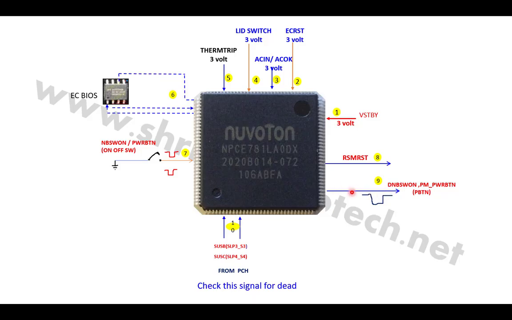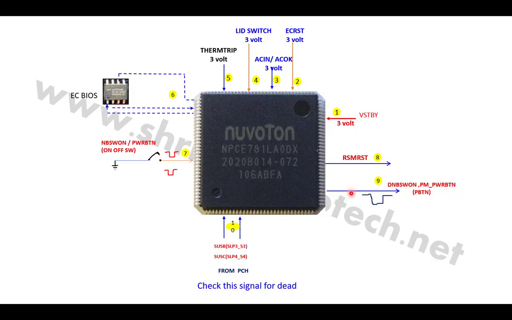This is an output signal going from the SIO to the SOC. So here you will find a 3-0-3 variation after pressing the power button. You have to remember this very important point. Once you press this power button, you should get RSM RST 3 volt and you should get that DNB WR on as a 3-0-3 variation.